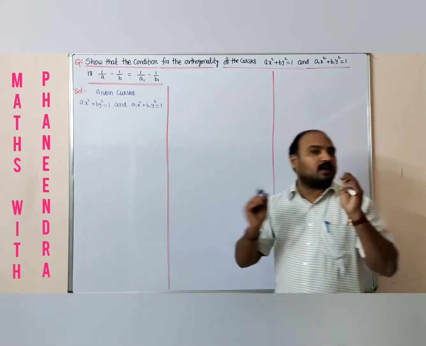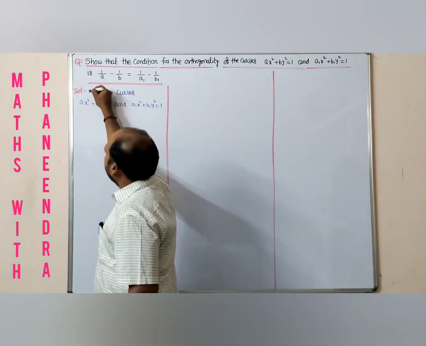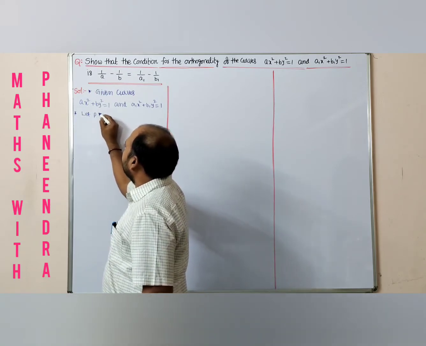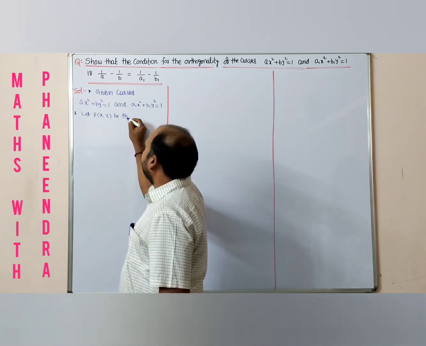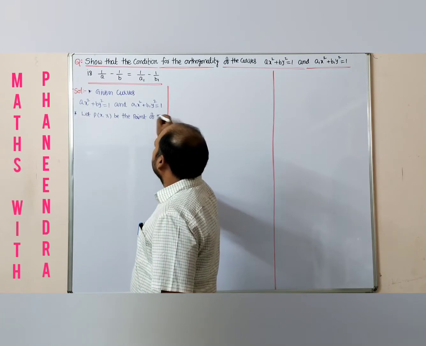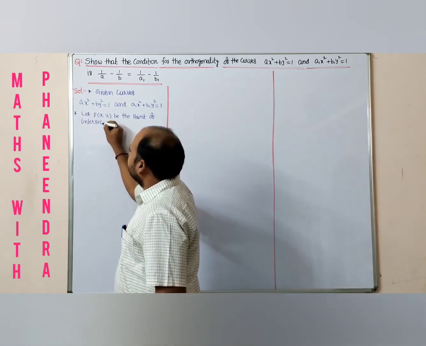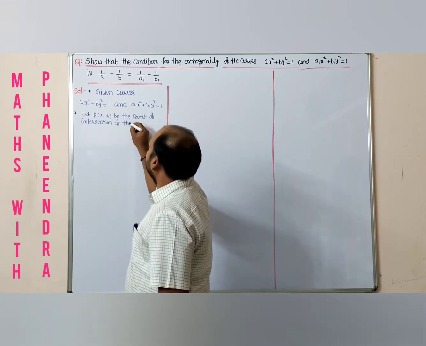These are the given curves. Second step, let P of x1 comma y1 be the point of intersection of the given curves.